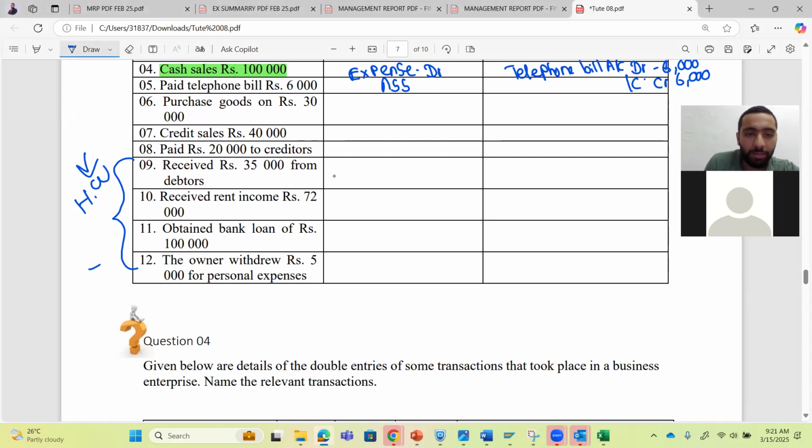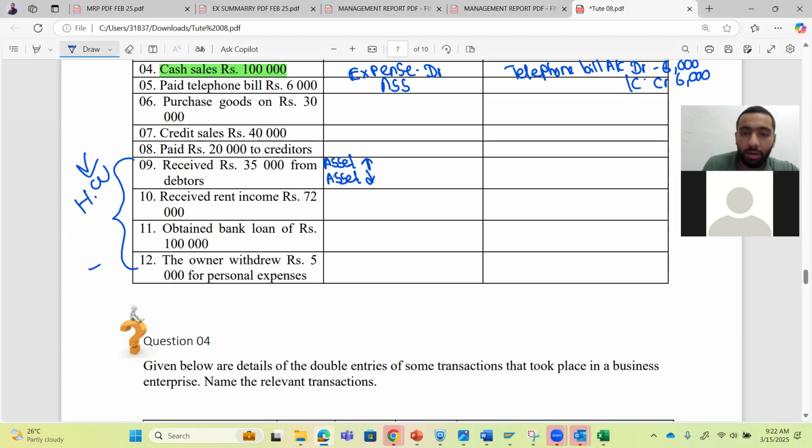You are receiving money, so your cash component will increase, and your other asset component will reduce. Why? That is because your debtors are reducing, right? I hope you all will be communicative so that we can easily move forward.